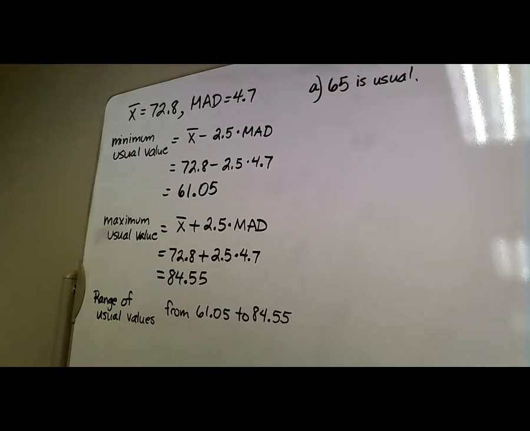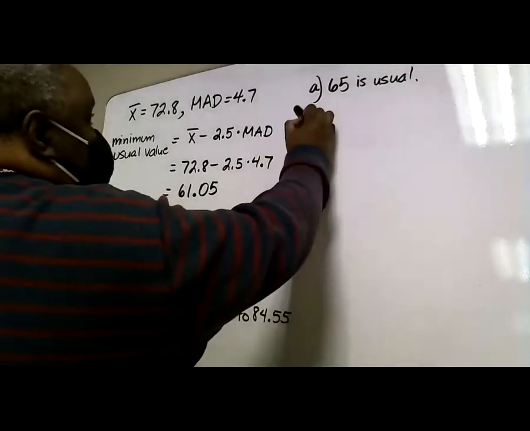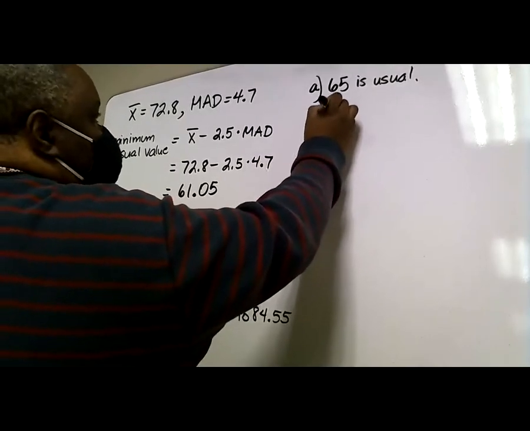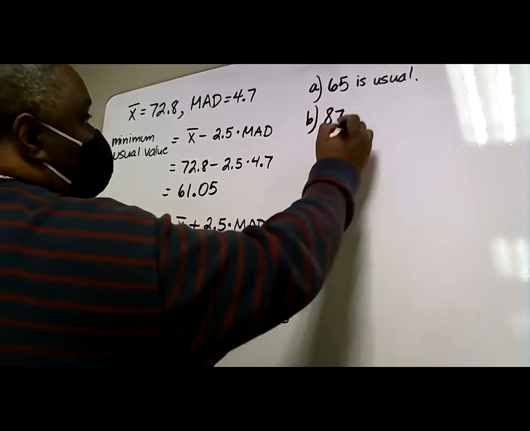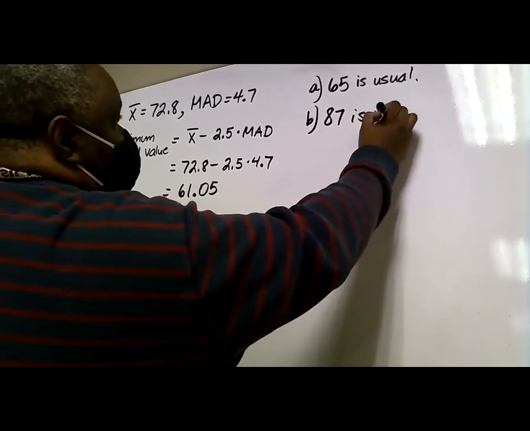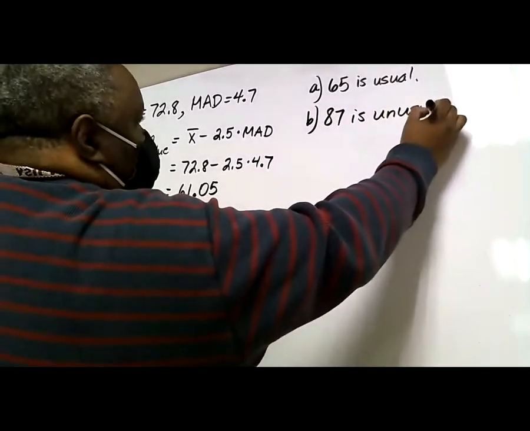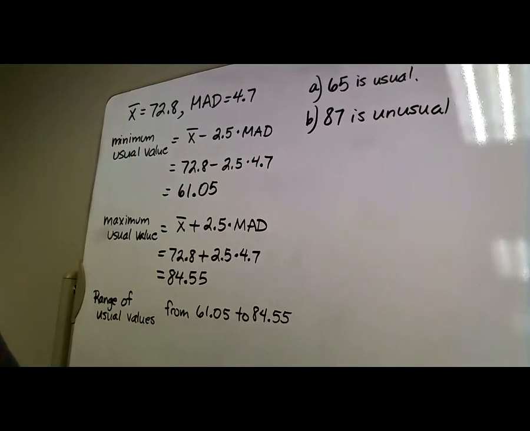Now, what about a score of 87? Would that be usual or unusual? This is unusual because 87 is bigger than the maximum usual value of 84.55.